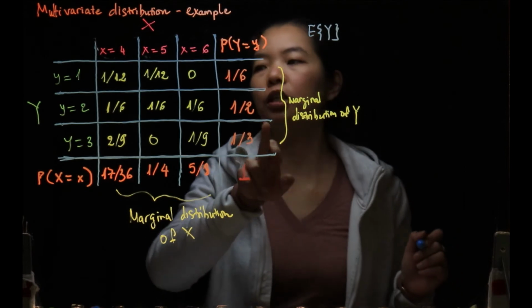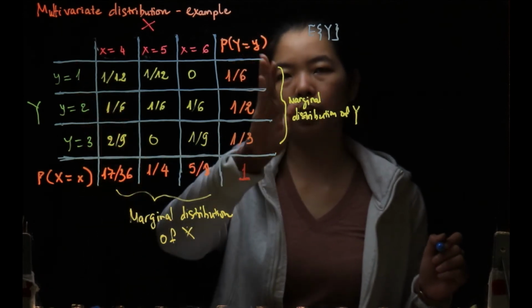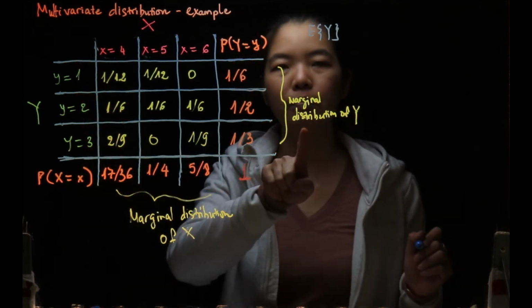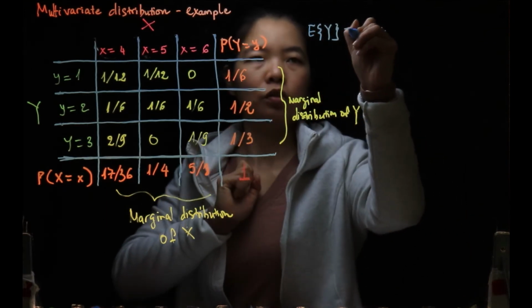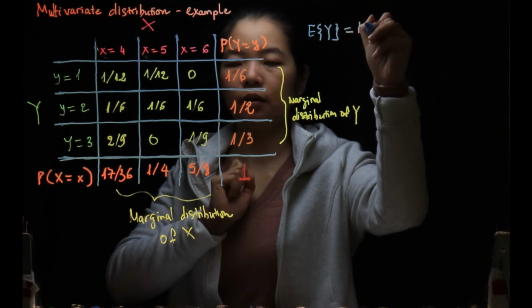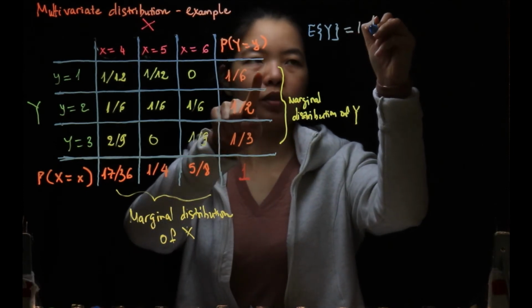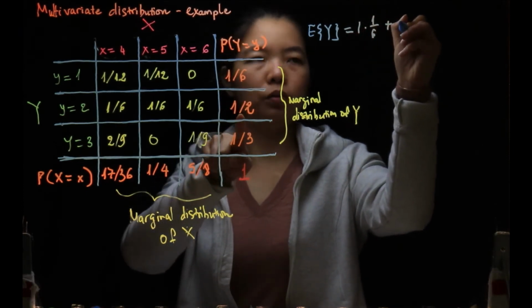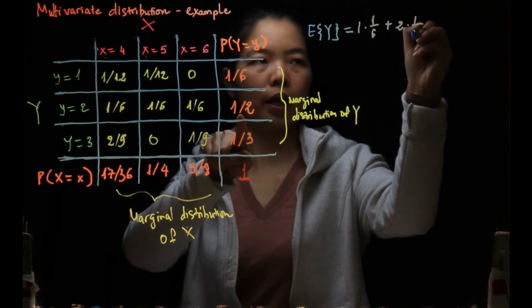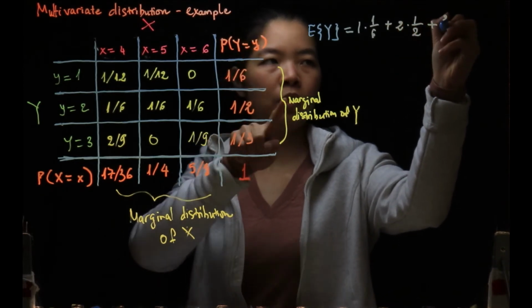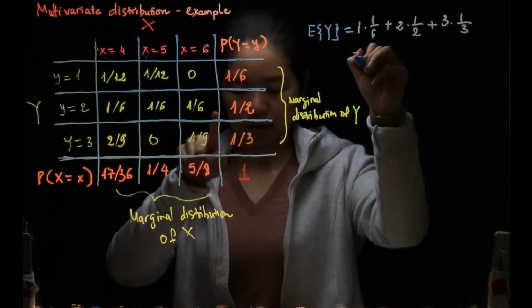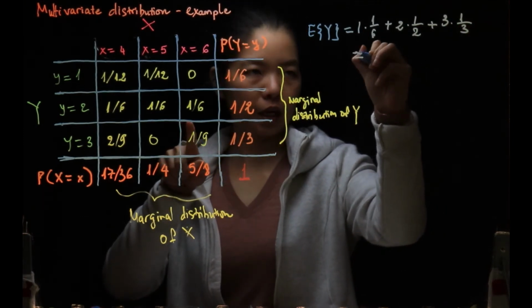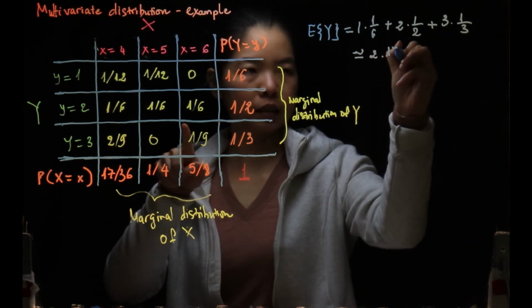You take the average of these outcomes with the probability, or here the marginal probability, being the weight, right? So the first outcome is 1 times 1/6 plus 2 times 1/2 plus 3 times 1/3. You have something like 2.17.